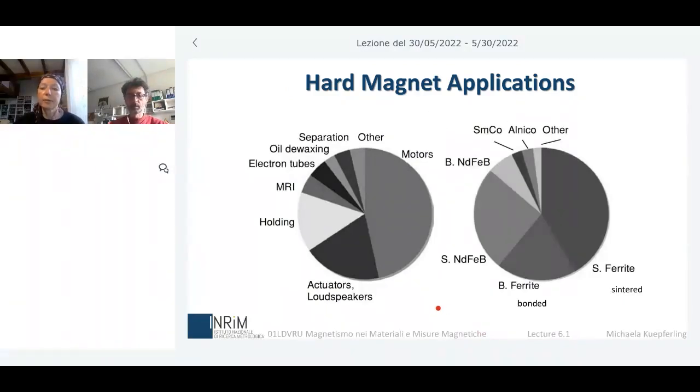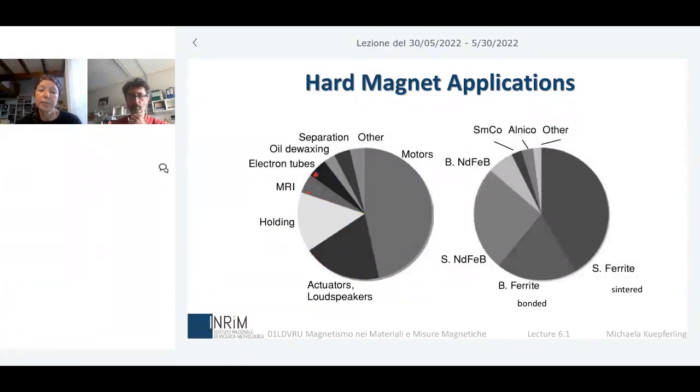Here you can see a few applications of hard magnetic materials. As I told you already at the beginning of these lectures, one of the most important ones is electrical motors. You can see here almost half of applications are electrical motors. Then another very big slice is actuators and loudspeakers. Again, a big slice, which we don't usually think of, is any kind of holding.